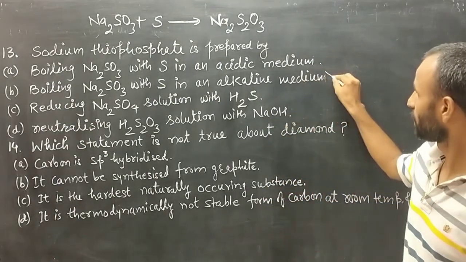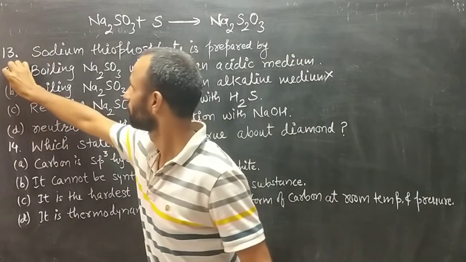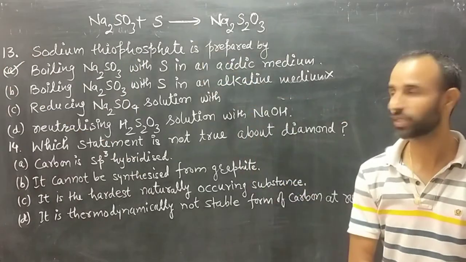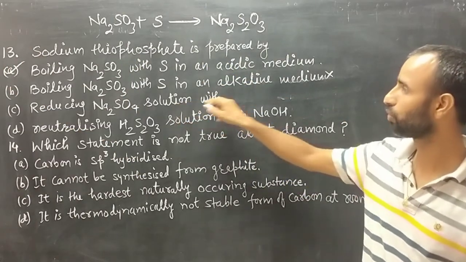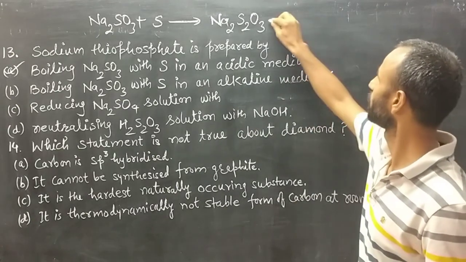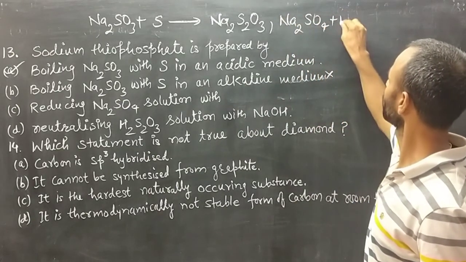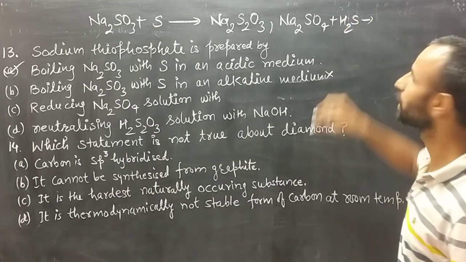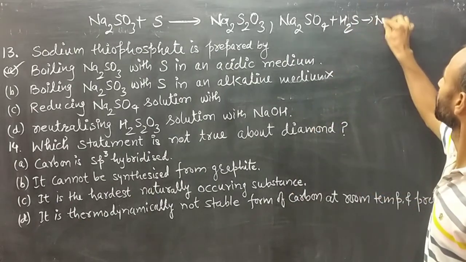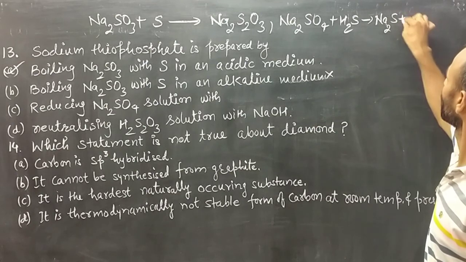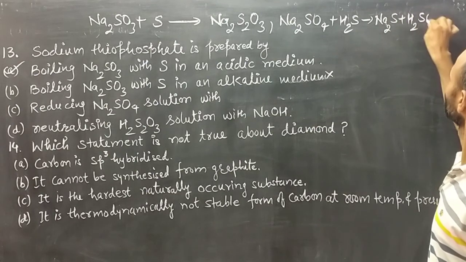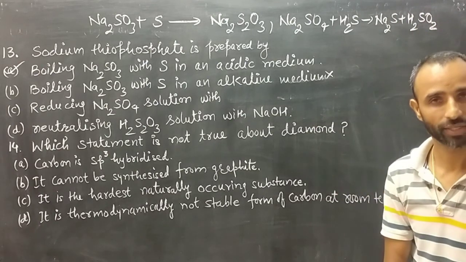In alkaline medium it cannot be formed. This is the right answer, but if we reduce sodium sulfate with H2S, then we will get Na2S along with H2SO2. Keep that in mind, okay?